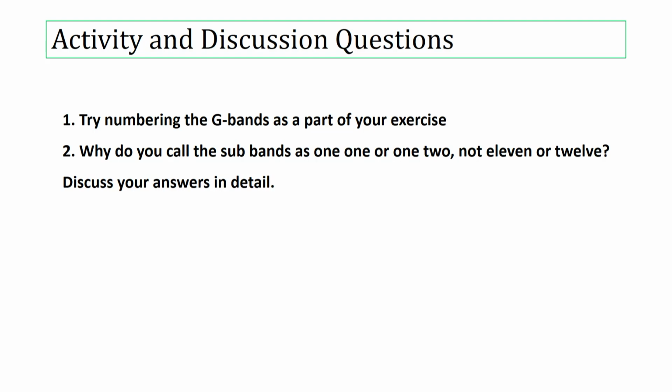And I said, why do we call these subbands as 1, 1 or 1, 2, not 11 or 12? Because the P arm or Q arm, P arm is the top one, Q arm is the bottom one. They are being subdivided.